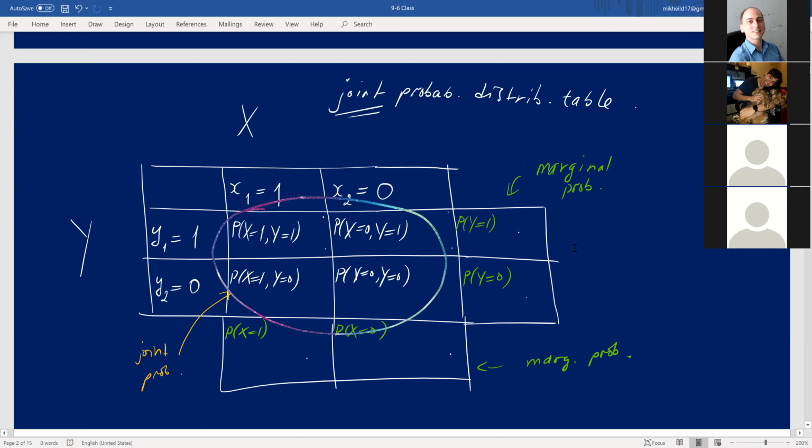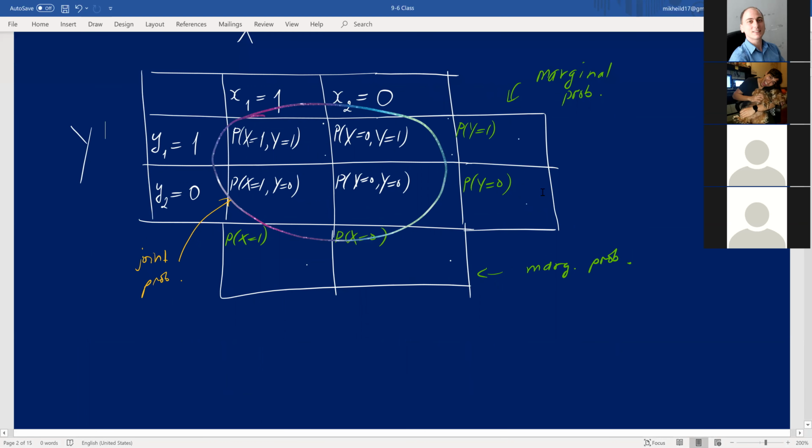Now let's give some numbers. Let's say this equals 0.20. Let's say this equals 0.10.